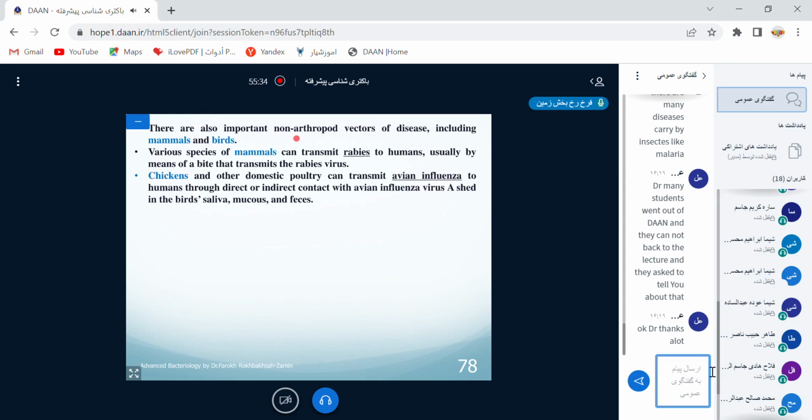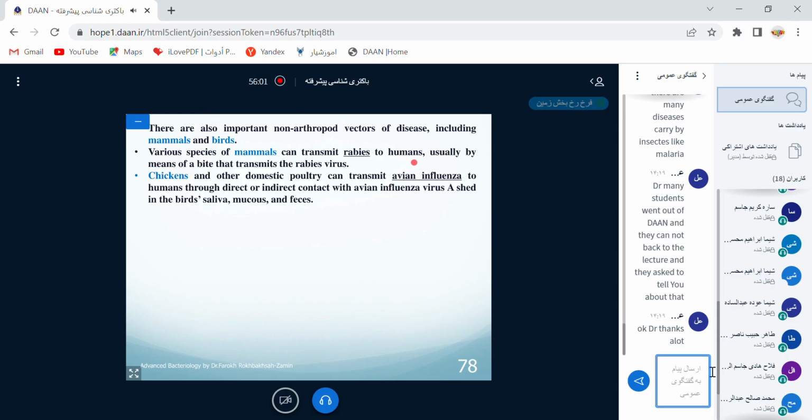There are also important non-arthropod vectors of disease, including mammals and birds. Now we want to see how one mammal can infect us, how one bird can infect us. Various species of mammals can transmit rabies.